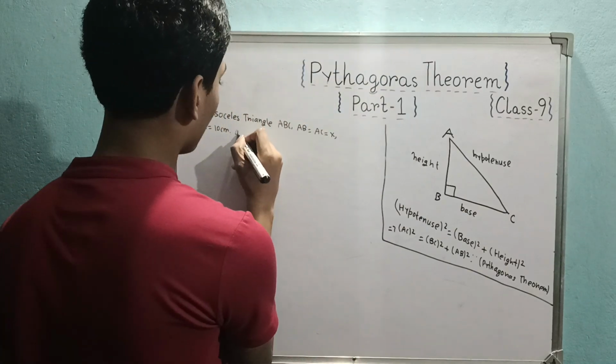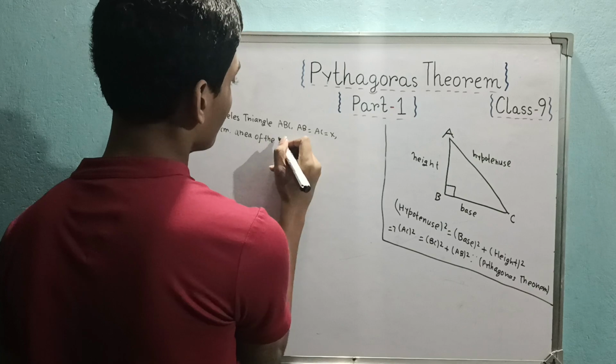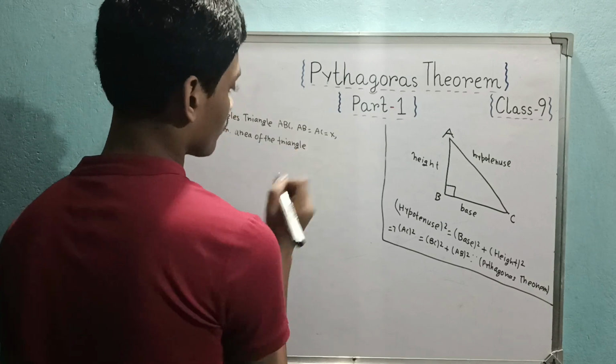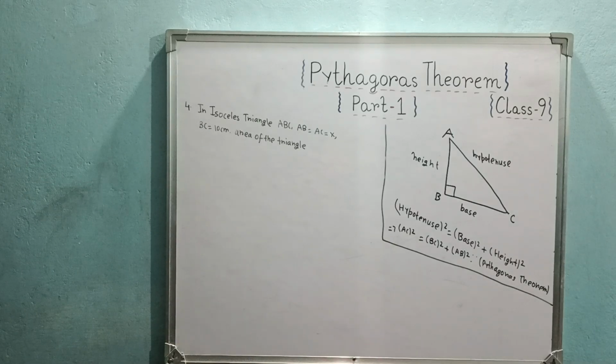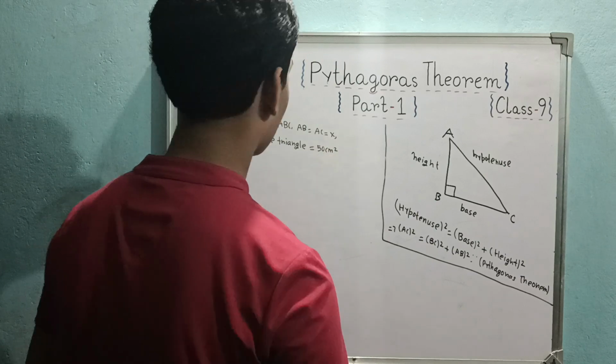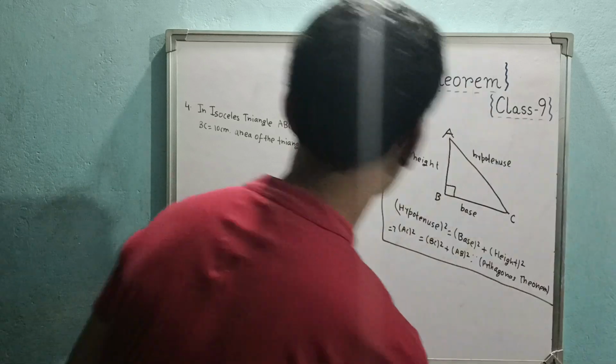Area of the triangle equal to 50 centimeter square. Find X.